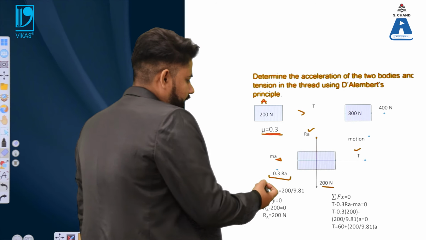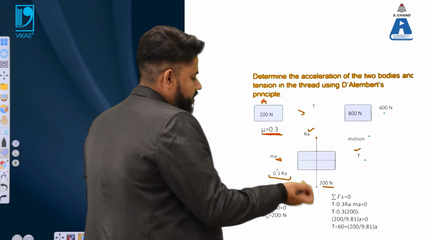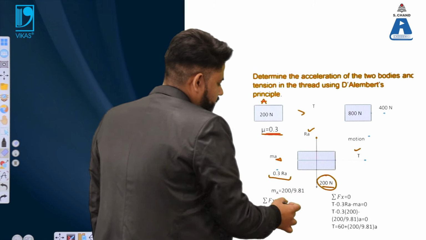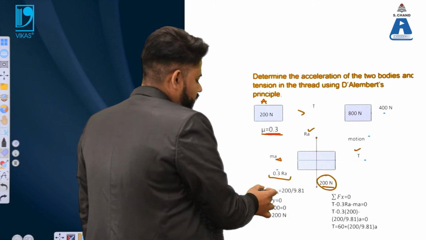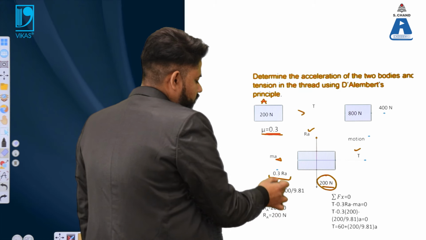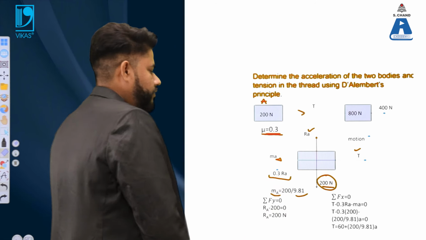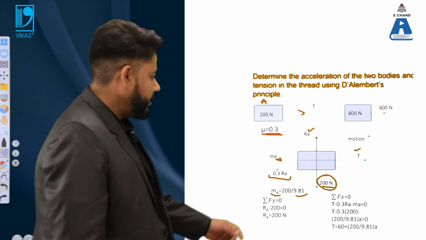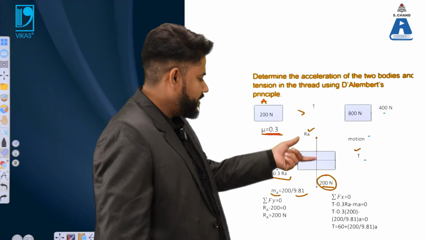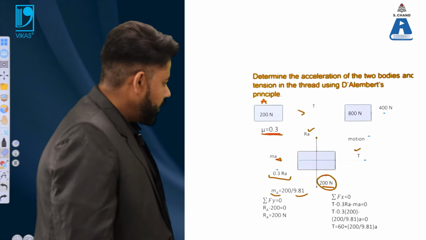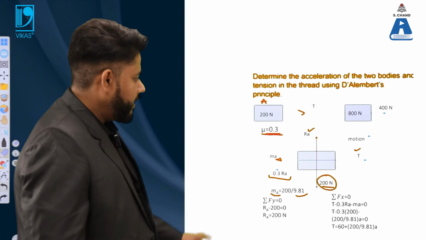We know that F equals mg. So from there we have to find the mass for this particular force. The mass is 200 divided by g, which is 200 by 9.81. There are two cases: the x direction force and the y direction force.